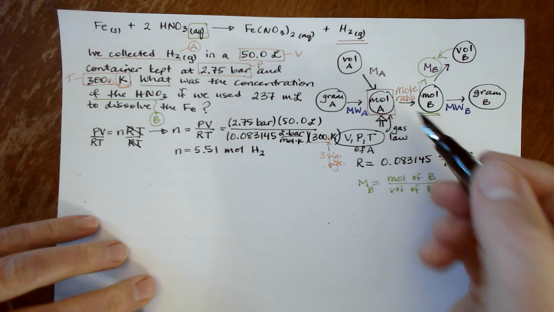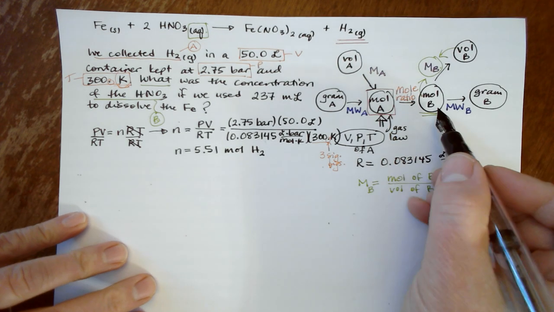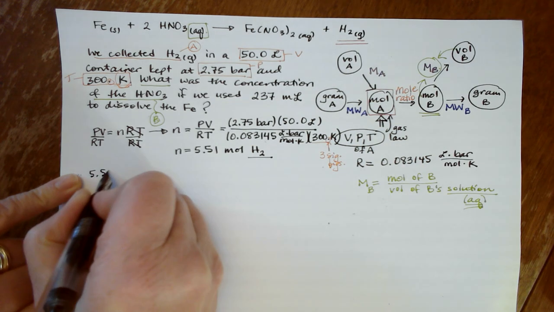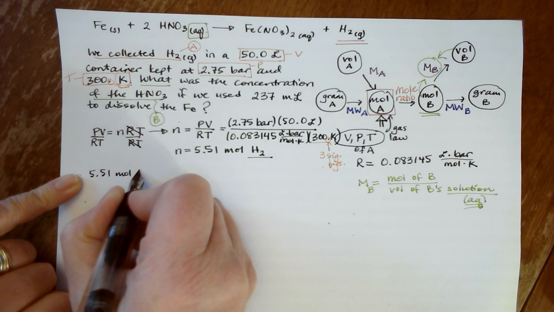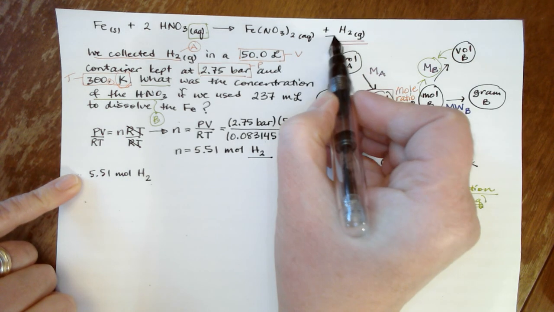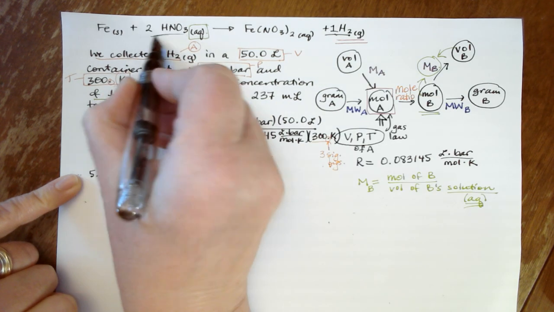Okay, so our first step after we've identified where we're going is to use our mole ratio. So let's write out our moles of H2 again, 5.51 moles of H2. The mole ratio is from the balanced equation. So I have 1 mole of hydrogen and 2 moles of HNO3.